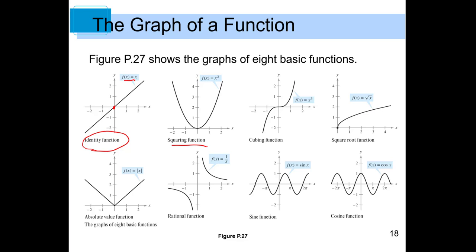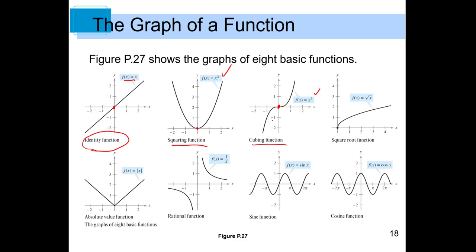We also call this the quadratic function. Again, it's f of x equal x squared, and it's symmetric with respect to the y-axis. It's a parabola that opens upward. And the third one is the cubic function, f of x equal to x cubed. And this one is symmetric with respect to the origin.